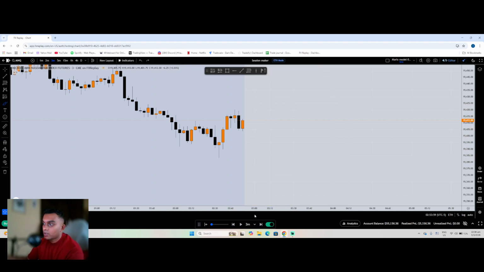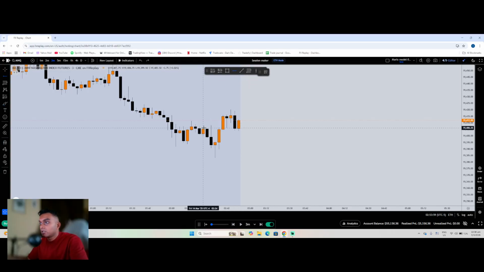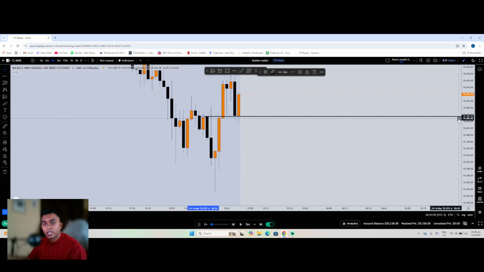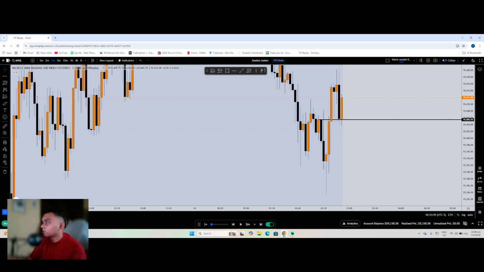So in this case, where will your CISD be? This was the swing point, and then this swing point swept below the previous swing point, making a new lower low. As long as you see a new lower low, the last up candle before the low was formed is the CISD. In this case, it is this candle right over here. That is your CISD.